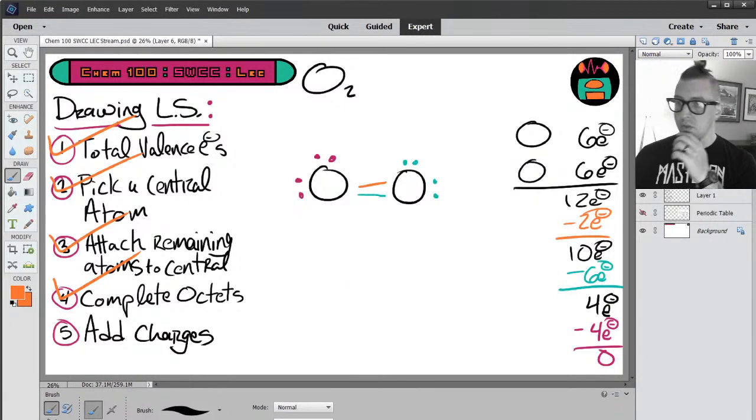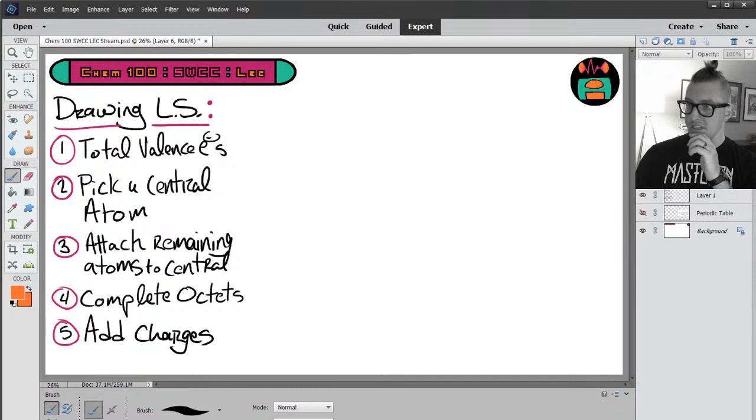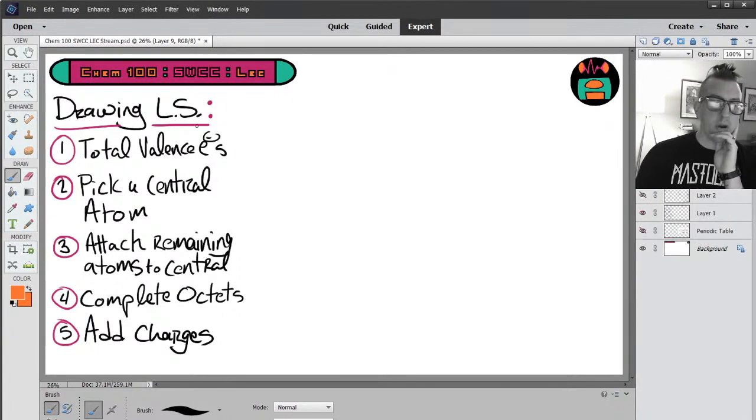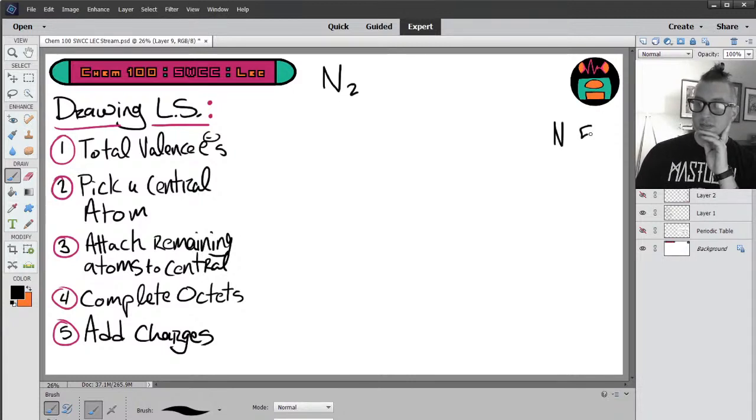All right, let's do another example. What about a molecule of N2? Well, nitrogen has 5 valence electrons because it is in the 5th column of the main group.